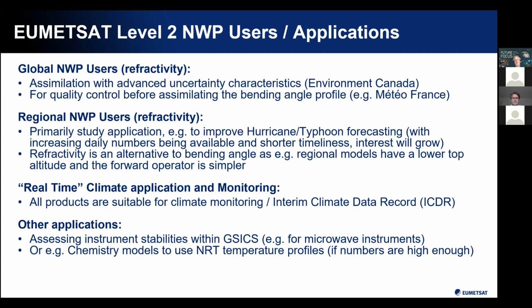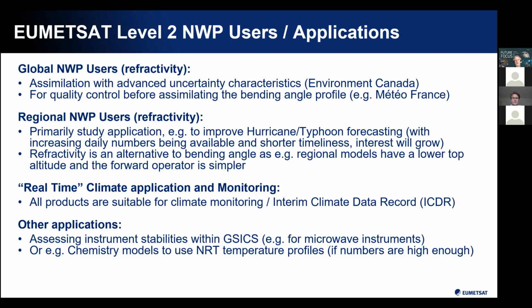Technically, we think the bending angle should provide more information, but in some cases, as I said, for Environment Canada, it's giving better results to work with refractivity. There are also some NWP centers like Météo France who use the data for quality control because it's easier to estimate refractivity and then to calculate a bending angle profile.